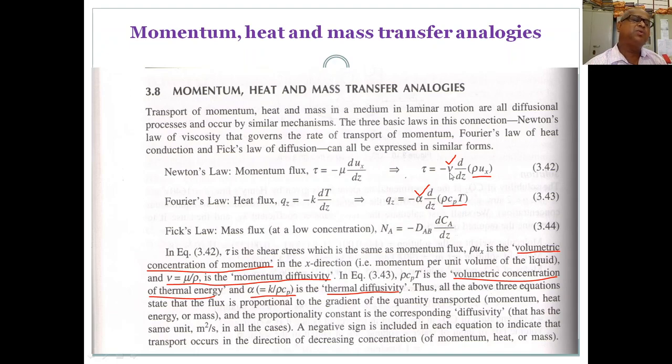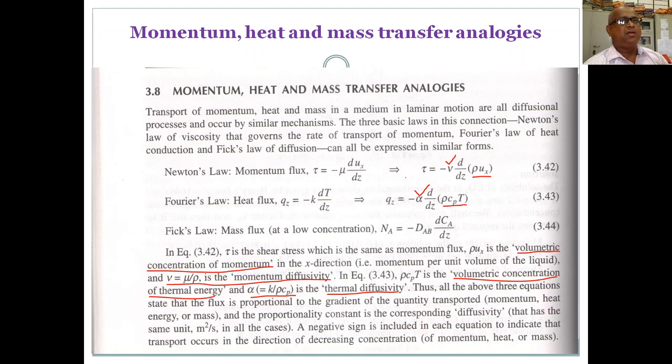That will also be meter squared per second, and this will also be meter squared per second. So, all diffusivity units, whether it is momentum flux, heat flux or mass flux, are meter squared per second. That's why there is an analogy in a similar fashion.